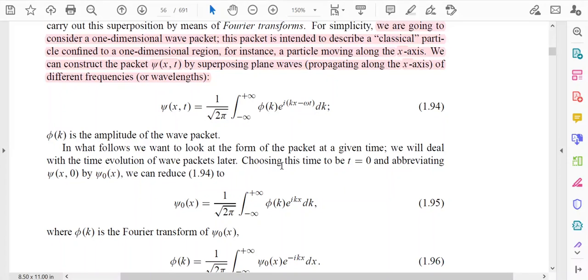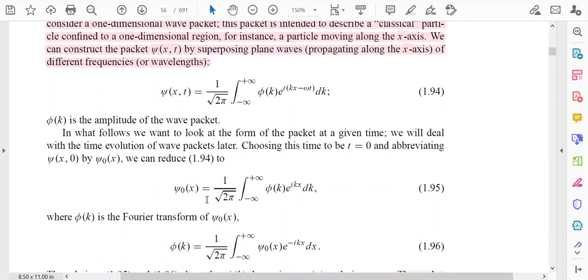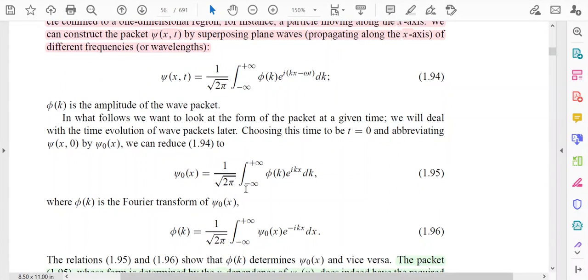So at first we choose t equal to 0, and for t equal to 0 the wave function psi(x,t), or the wave packet, can be written as psi(x,0) or psi_0(x). So psi_0(x) we can write in this way: 1 by root 2 pi, integral from minus infinity to plus infinity, phi(k) e to the power ikx dk.